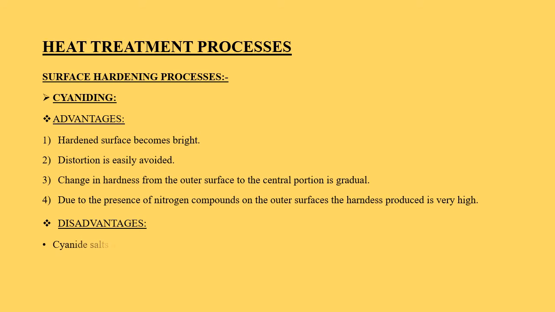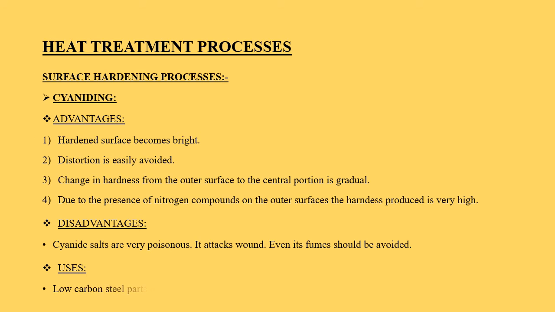The main disadvantage of this process is that the cyanide salts are very poisonous. They may attack wounds, and even their fumes should be avoided. In automobiles, the low carbon steel parts are surface hardened by this method.